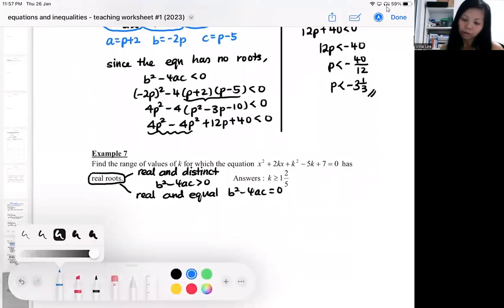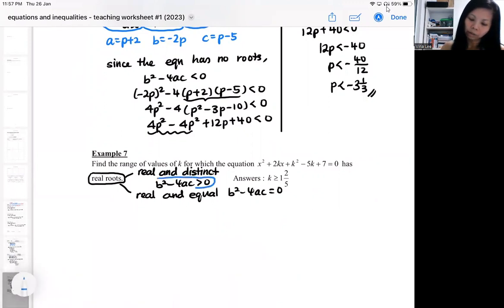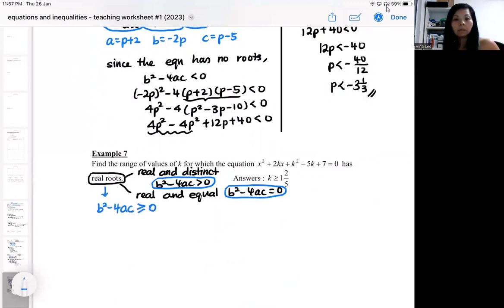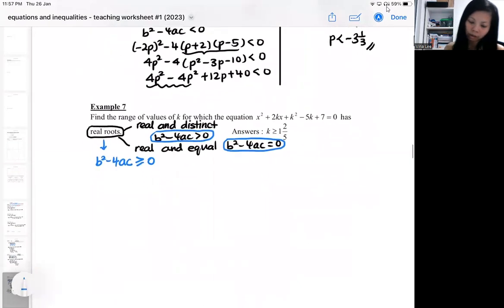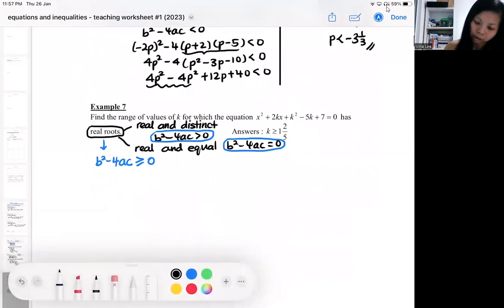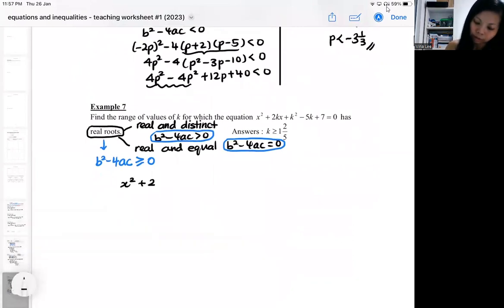In actual fact, you will combine both conditions. So I will be combining the two conditions to be greater or equal to 0. That is the reason why for real roots, you actually have an equal to 0, because it implies the two situations.